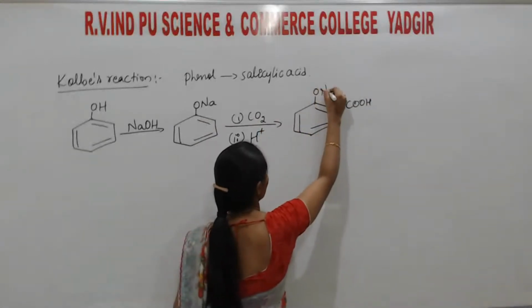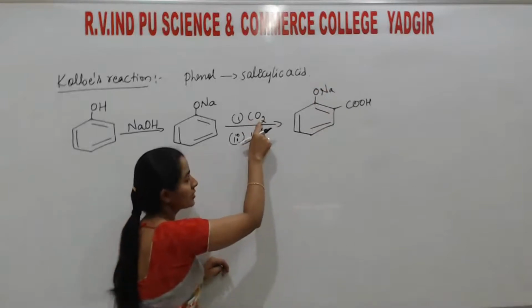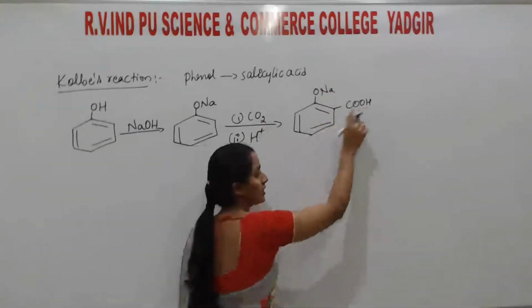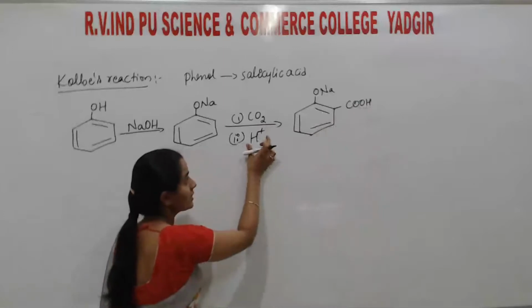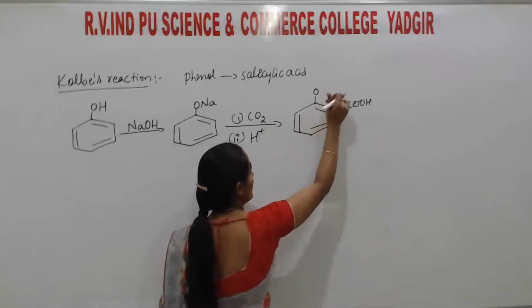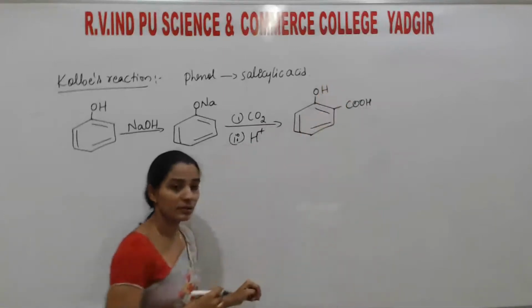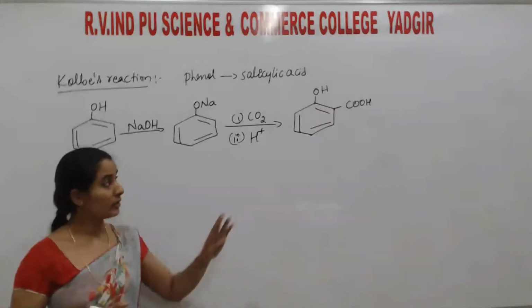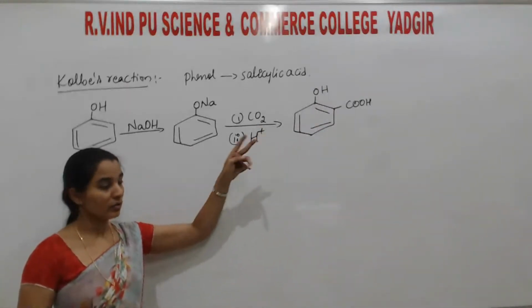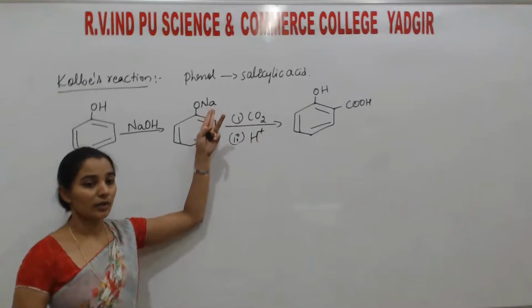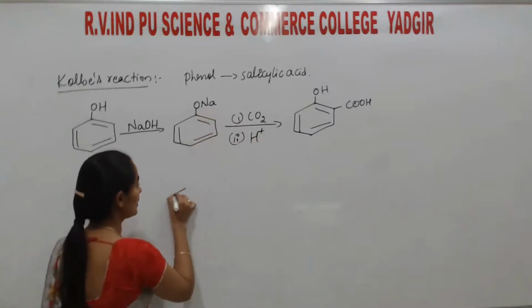In the first step when it reacts, the COOH will form. When it is acidified, then this Na is replaced by H. Are you getting? That's why I wrote like this. Don't think where did this Na go.